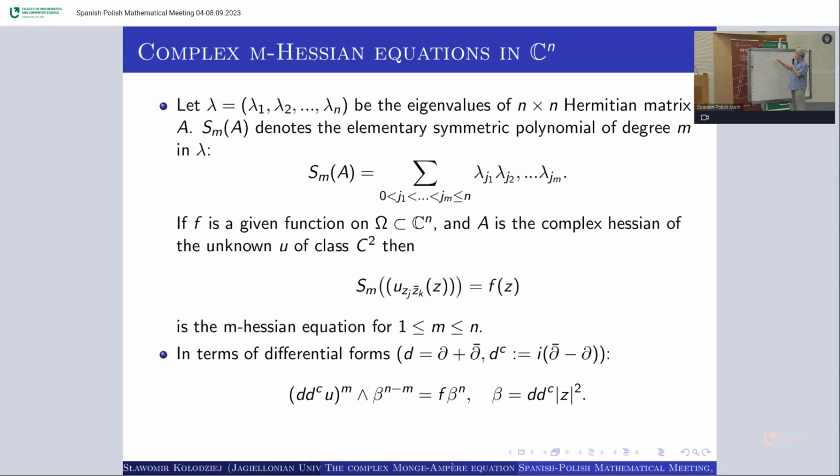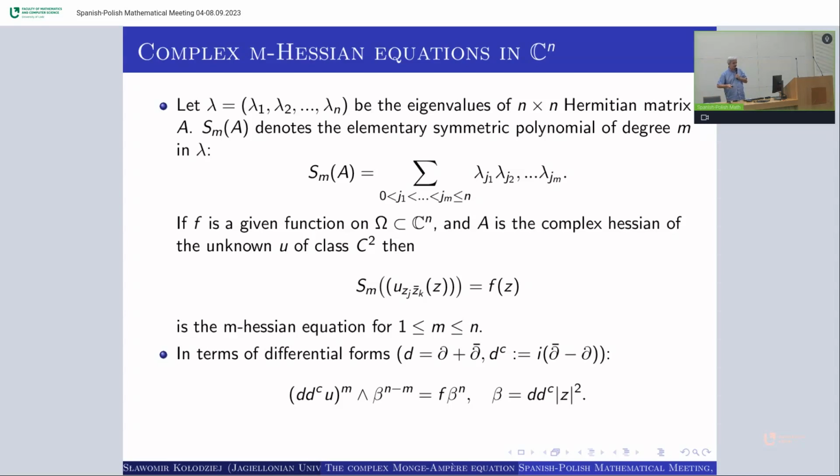So ddc is the same as a numerical constant times delta and delta bar. Okay, so in this differential forms notation, we have the equation in the last line, where beta is the Euclidean (1,1)-form in Cn.